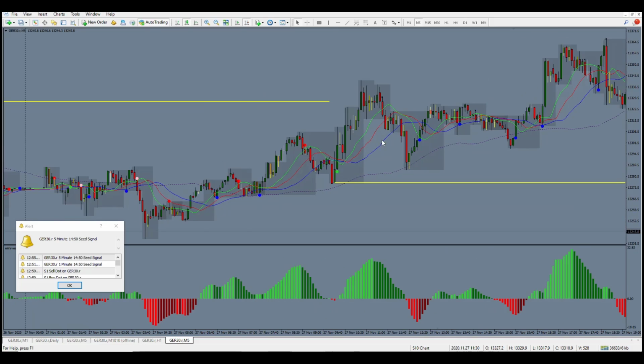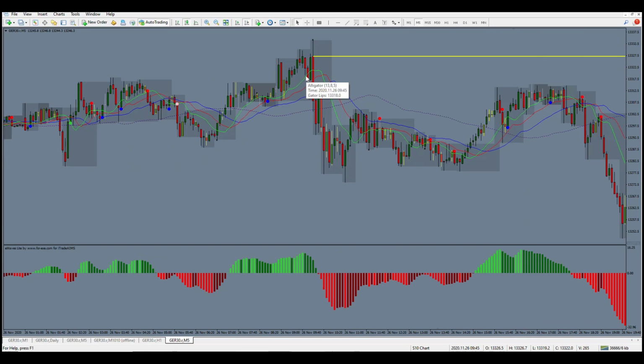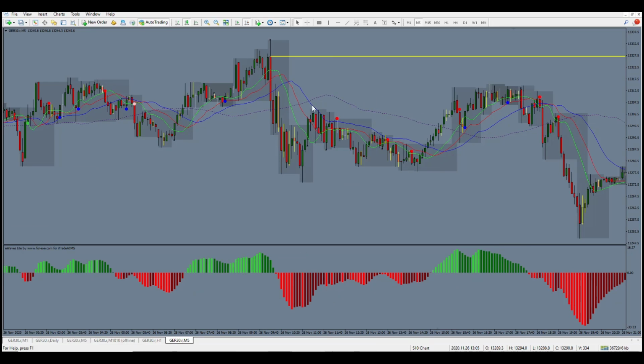If you use this indicator or just this simple mechanism on a daily basis and plot it on your chart and do your backtesting, you will find out that the trend of the day starts from the open. And it's a very, very simple concept. If you follow this concept, it will eliminate at least 50% of your losing trades, because you will only trade in line with the trend of the day.